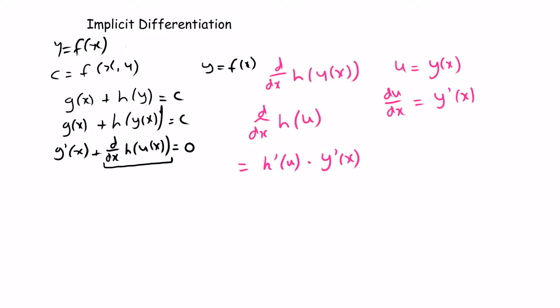Okay, so we can make this a bit clearer: this bit is dh by du, and this bit is du by dx.